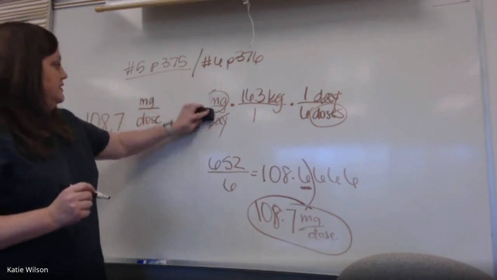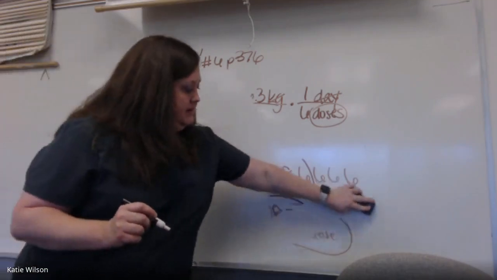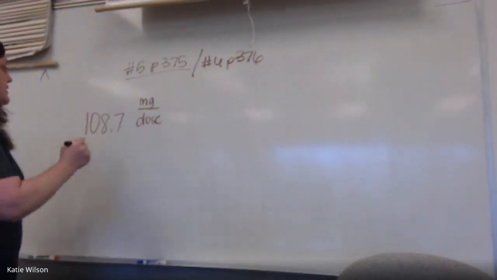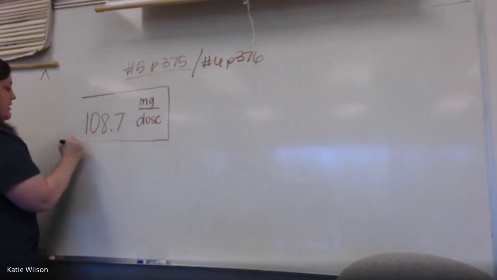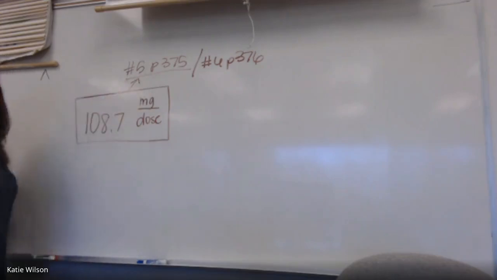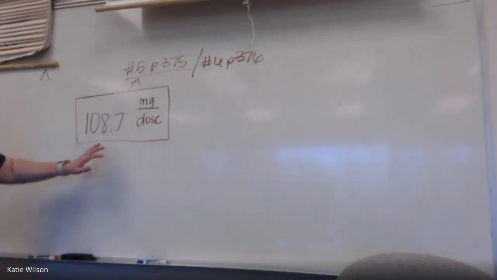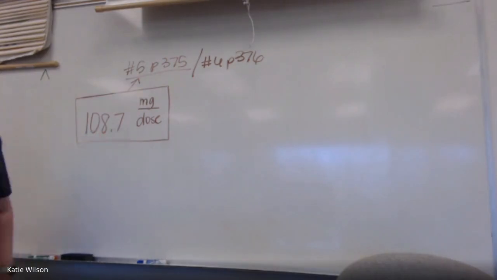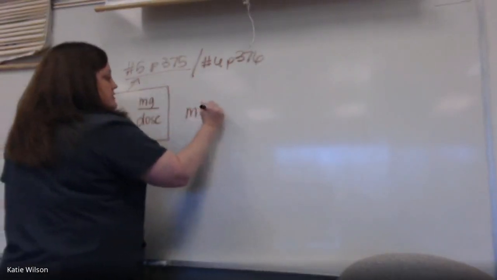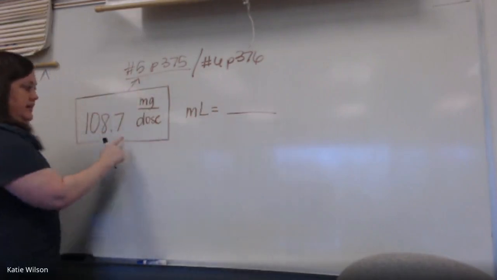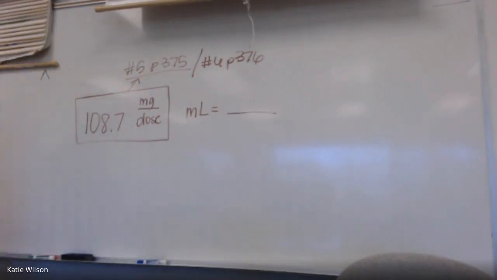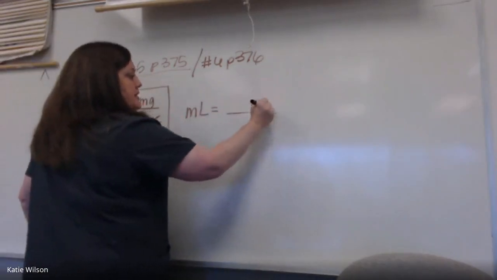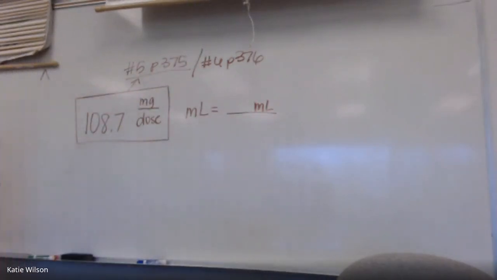Okay. So I'm going to erase our work except for the answer. So this is the answer I got for number 5. So I'm going to take this 108.7 milligrams per dose and figure out how many milliliters I'm going to administer if this is my dose. I'm solving for milliliters, so I know I'm going to need milliliters in my first ratio.